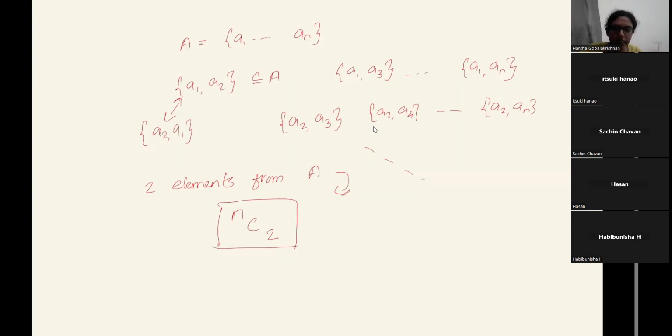This we have already studied in the +2 class. Taking two elements from N elements is NC2. So this is the number of possible two element subsets of A.